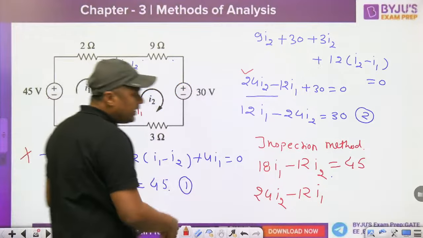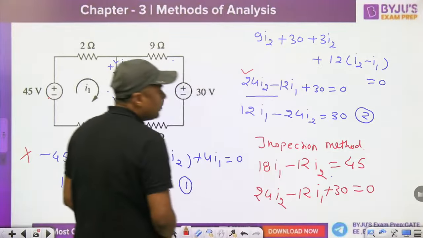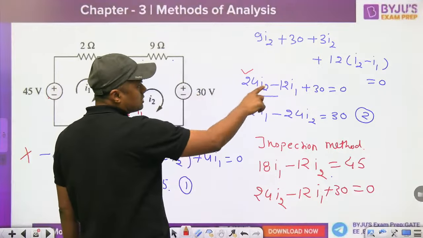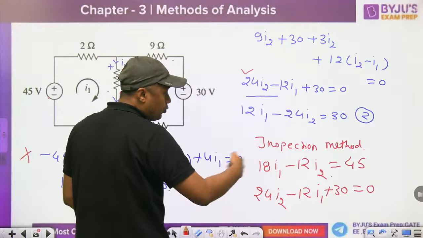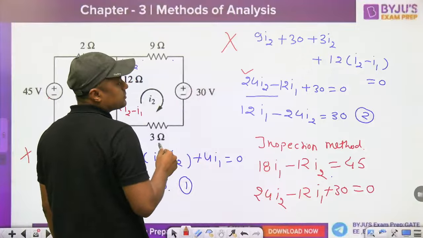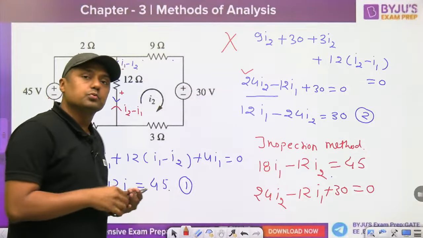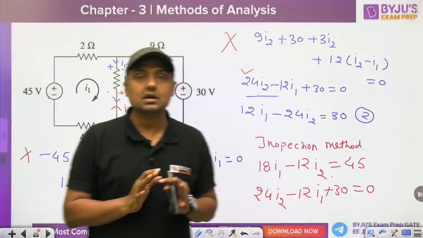So on this side you will write plus 30 is equal to 0. So directly watch this equation: 24 I2 minus 12 I1 plus 30 is equal to 0. You can write it directly, you can remove these steps. And that saves you around 20 to 30 seconds.